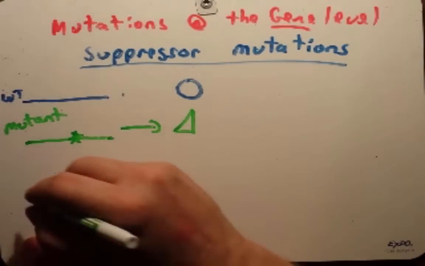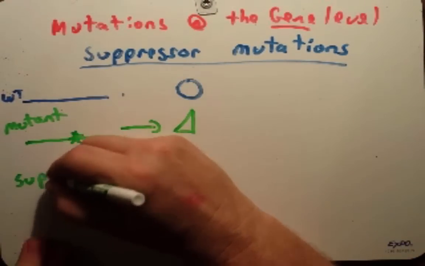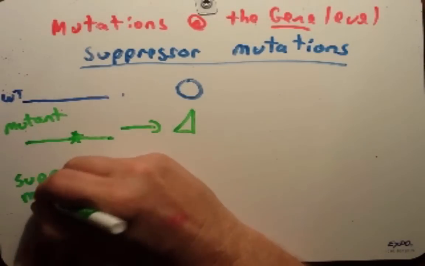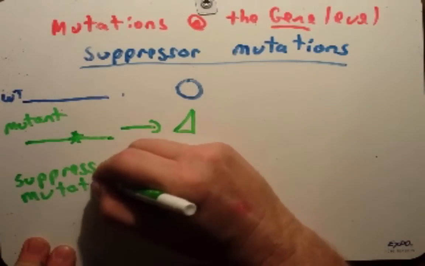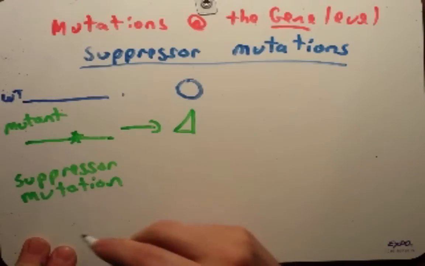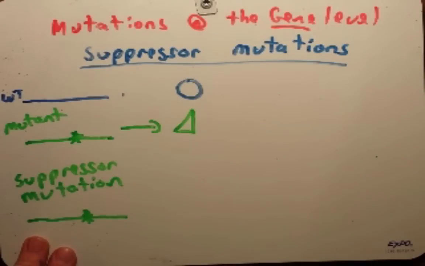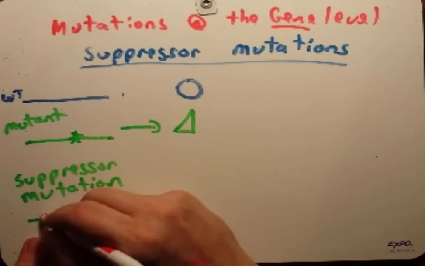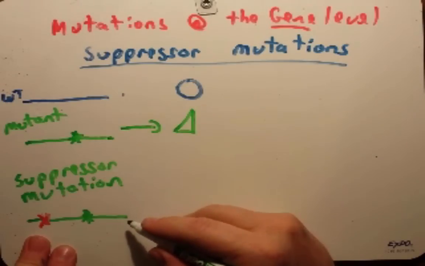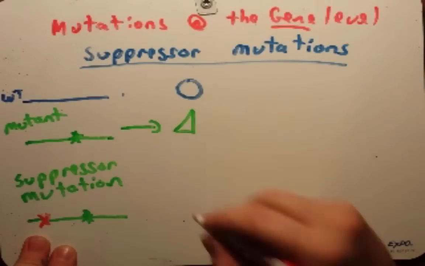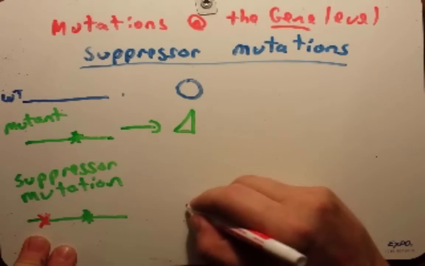Sometimes you can get a suppressor mutation on that same gene. Here's the first one. And let's say we have a new mutation, and let's put it here. And that allows this suppressor mutant here to now fold differently.